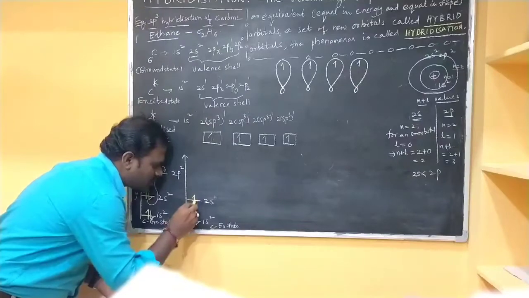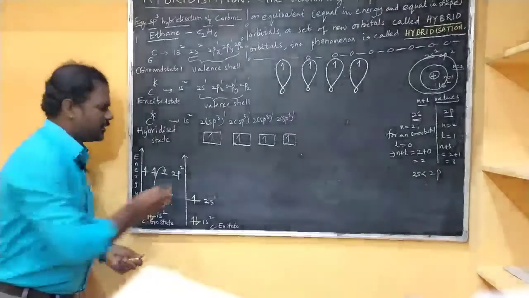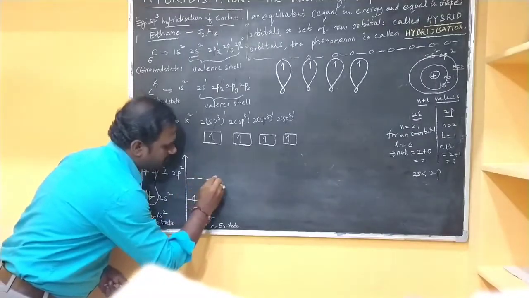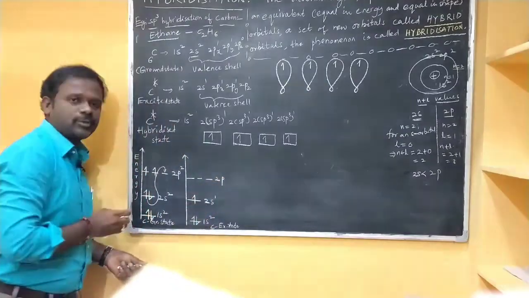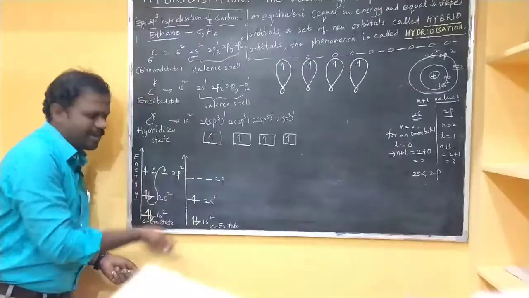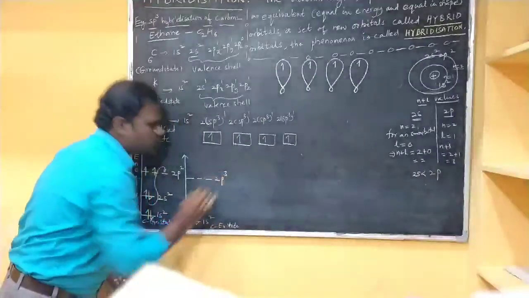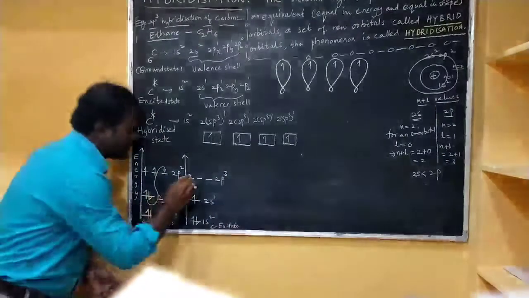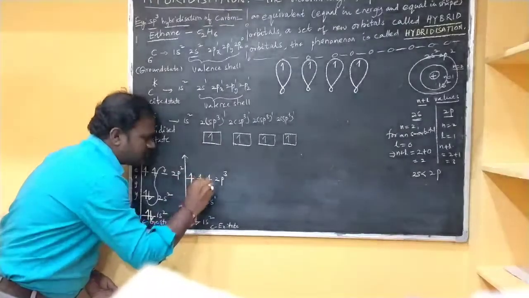So 2s1 is the electronic configuration, and what is the electronic configuration of the 2p orbitals? 2p2, by adding one electron, that will be 2p3.